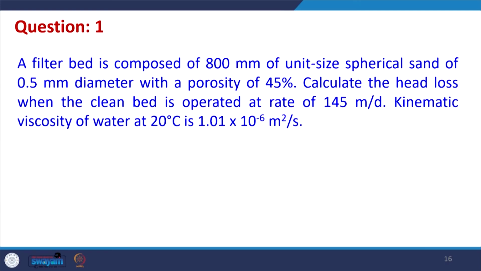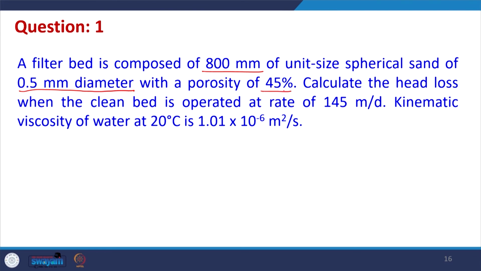A filter bed is composed of 800 millimeter of uniform size spherical sand, which is having sand of 0.5 millimeter diameter, and overall the bed is having a porosity of 45%.